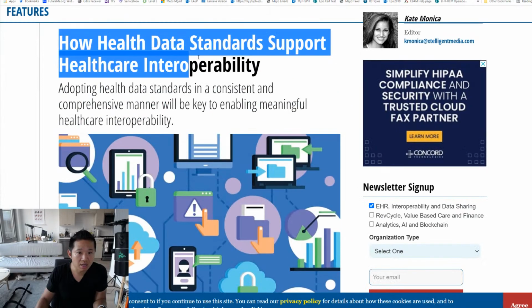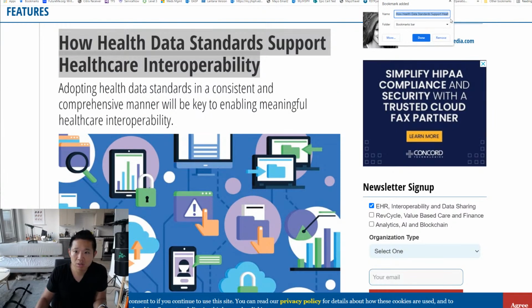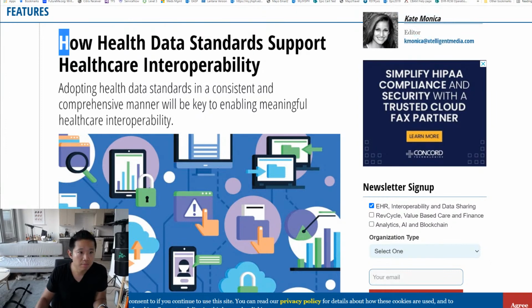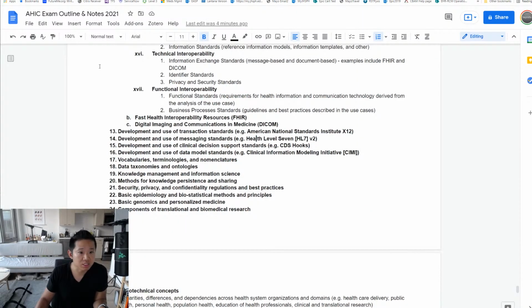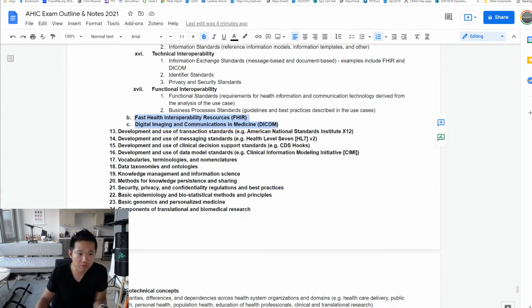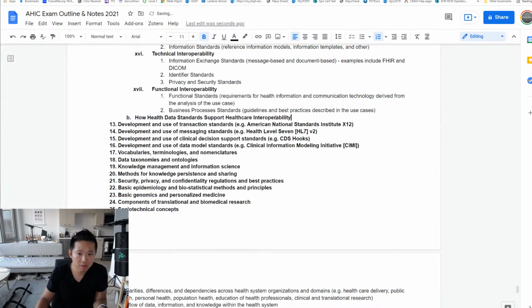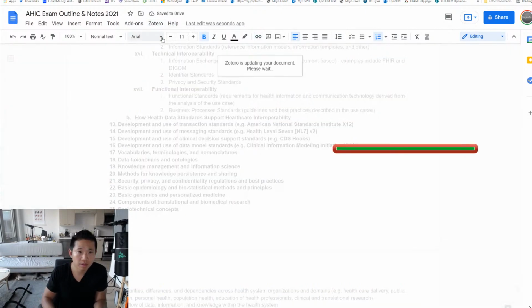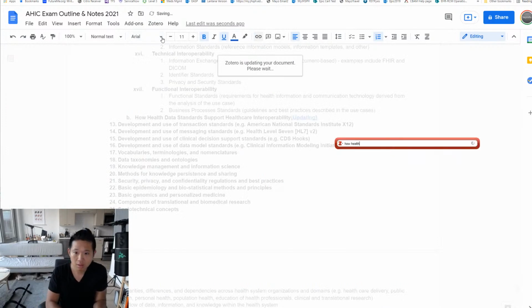So we did this, how healthcare data, should be a pretty easy section. Maybe we'll read through this since we are probably going to be ahead of time if we just use this. I'm going to remove all this. Give this a cite. Health data.